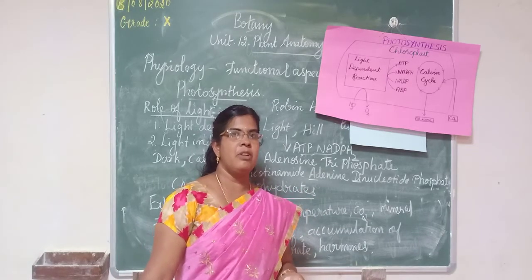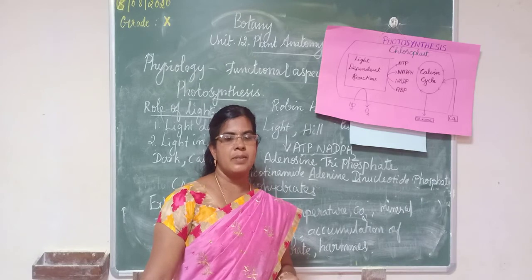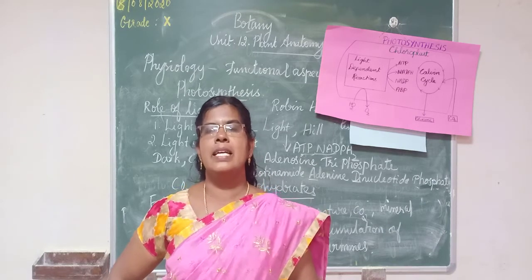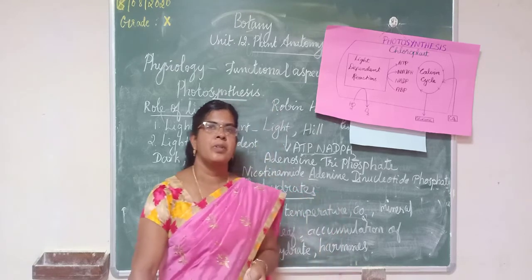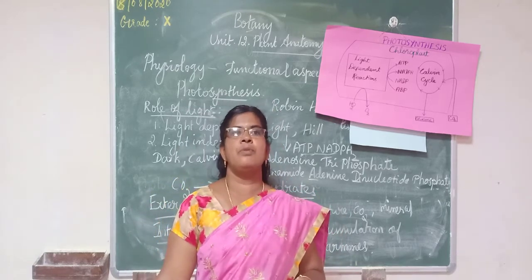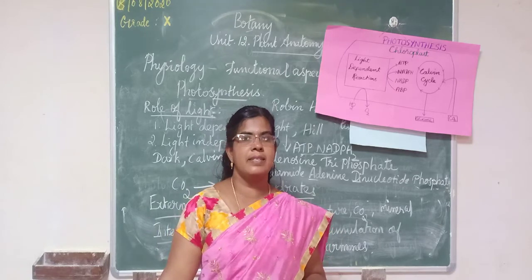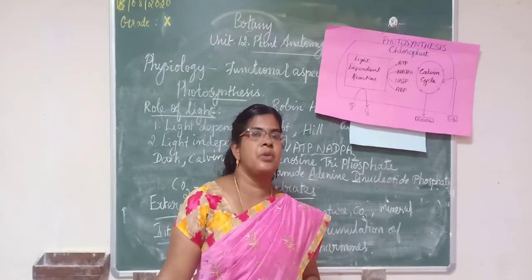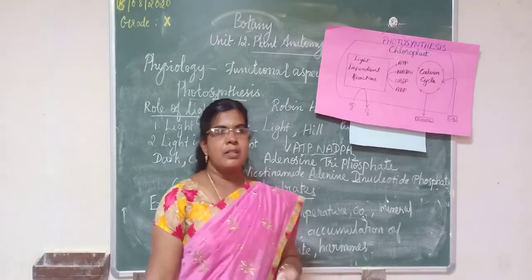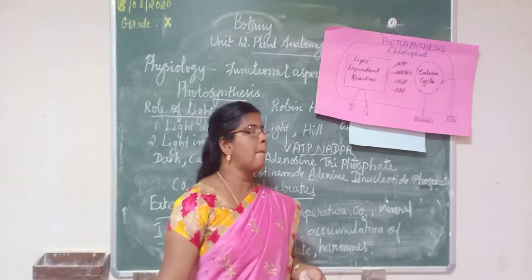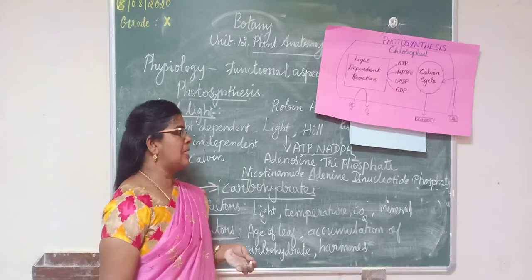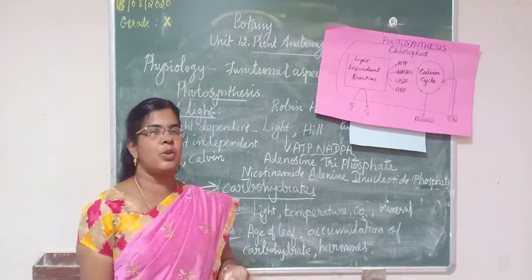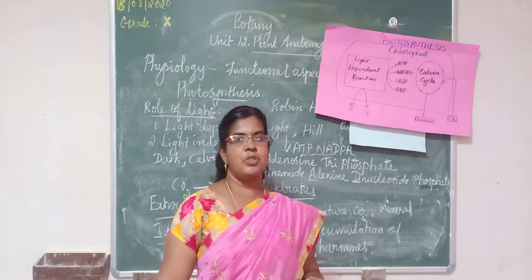Mark the definition: the process by which green plants prepare their own food by utilizing the sun's light energy, CO2, and water in the presence of chlorophyll. The equation also mark: CO2 plus H2O gives glucose plus water plus oxygen.